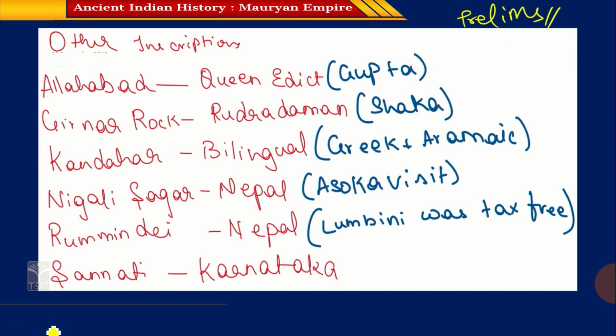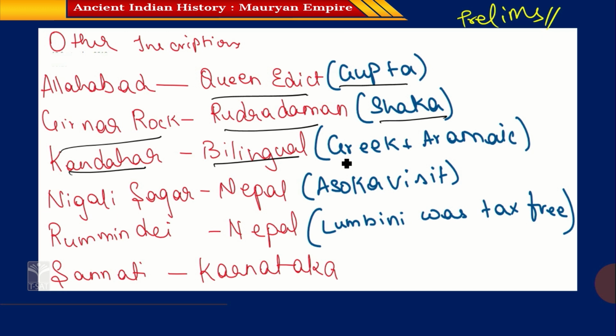Allahabad inscription is a queen edict given during the Gupta period, talks about Ashoka and his rule. Girnar inscription was given by Rudradaman in the post-Ashoka period, Shakas. Kandahar bilingual inscription uses two languages, Greek and Aramaic, given during the Mauryan period. Nigali Sagar inscription in Nepal talks about Ashoka's visit to Nepal.